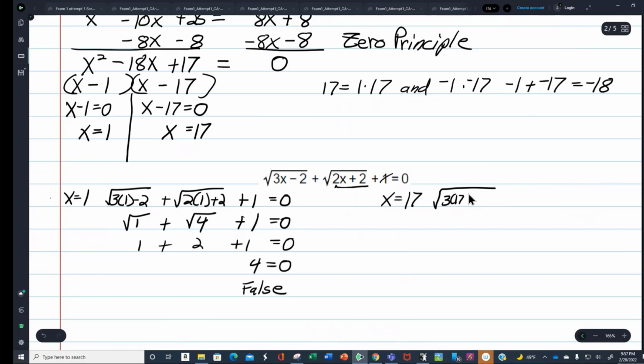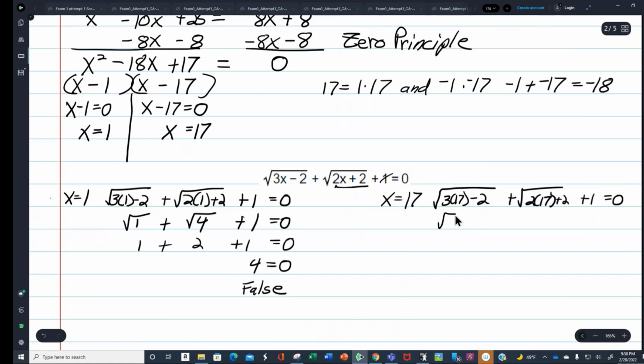3 times 17 minus 2 plus the square root of 3 times 17 minus 2 plus 2 times the square root of 2 times 17 plus 2 plus 1 equals 0. Well, there's no way this could equal 0, just because square roots are positive. So a positive number plus a positive number plus a 1 is not going to equal 0, but let's work it out anyway.